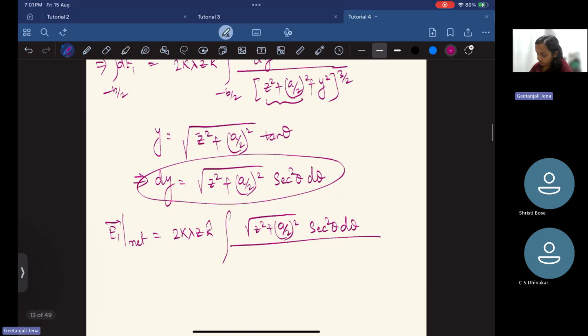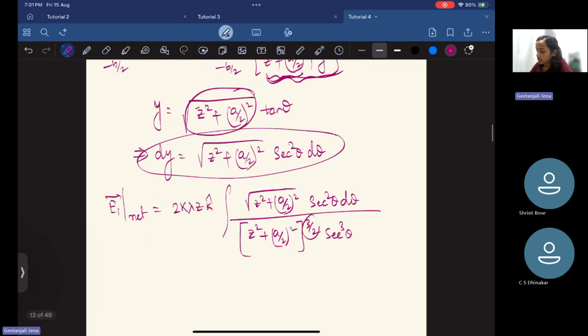and for this part you will have z square plus a by 2 square to the power 3 by 2 sec cube theta. So y square will give a z square plus a by 2 square term, and you can take it out from this summation. So that is why you will have a 3 by 2 here and sec cube theta.